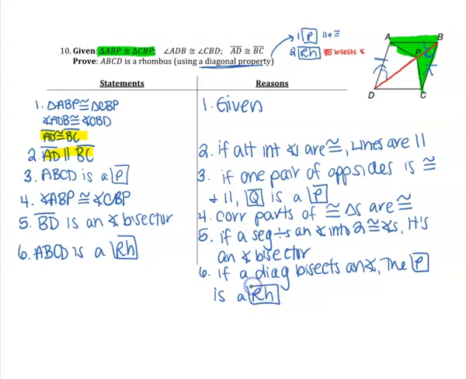Now, it's important to note that this theorem is only valid if you have first proved it to be a parallelogram, which I did. All right, one more final proof.